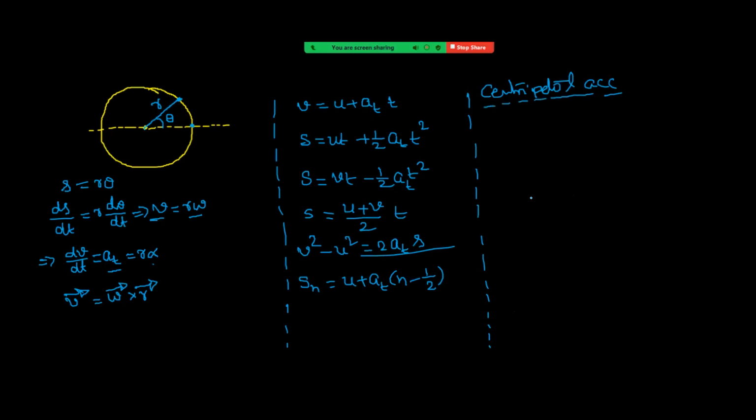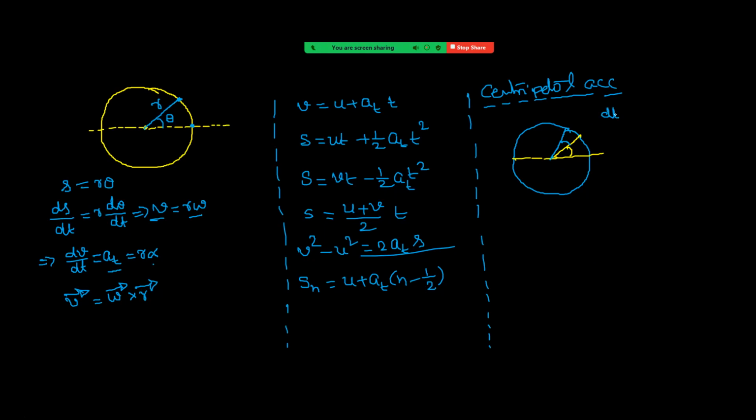I assume that at one point of time, its radius vector makes an angle theta with the reference line. Now let us consider a small time interval dt.